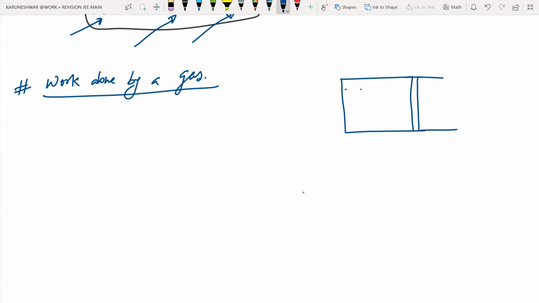The gaseous molecules inside will apply some pressure on the inner part of the piston.